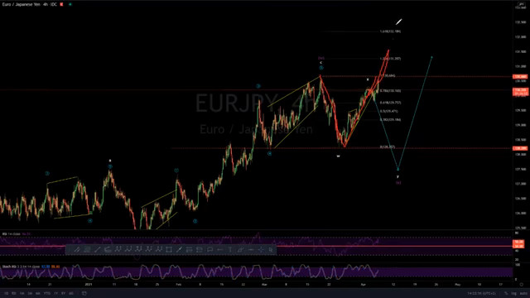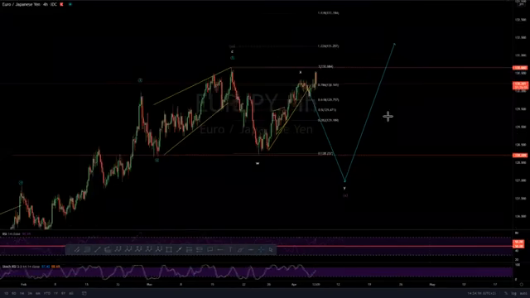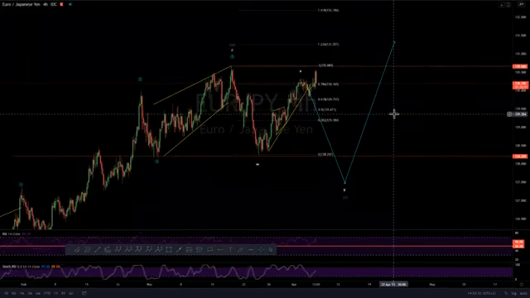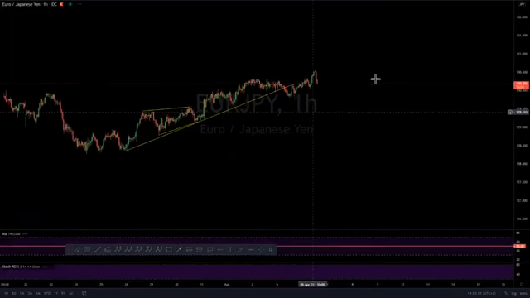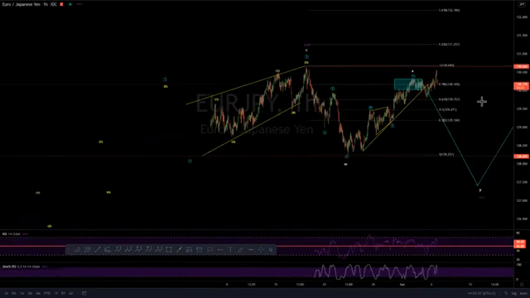But if it comes and breaks 161.8 here and starts to give us a flag like this, then we'll confirm that this was the structure that was playing out. But for now, I'm still expecting this move to the downside here. All right, let's see what we have there on an hourly.